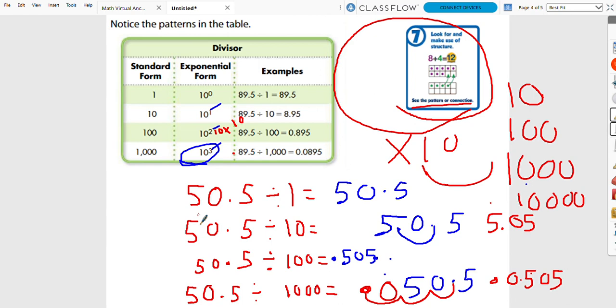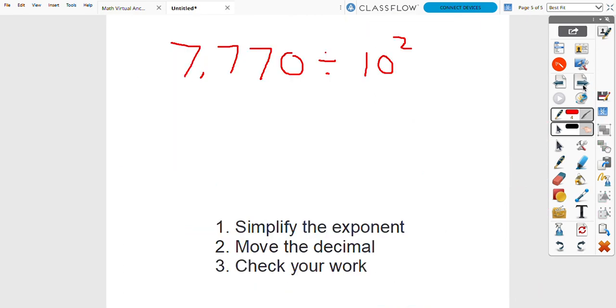Divided by 10 people, you'd have 5 feet each. Divided by 100, you'd have about 5 tenths of a candy bar. Divided by 1,000, you'd have about 5 hundredths of a candy bar. So it's just that simple. Don't overthink it.